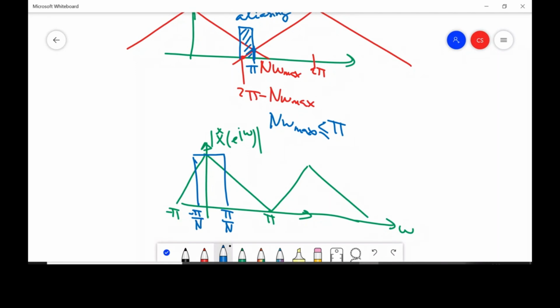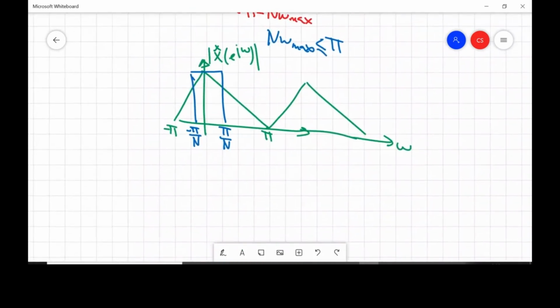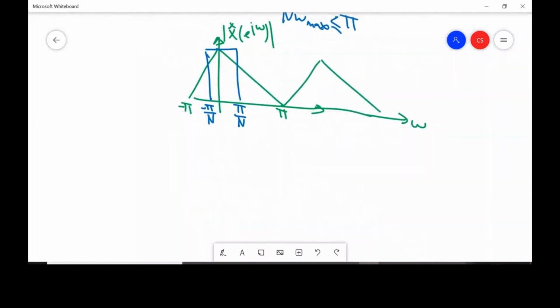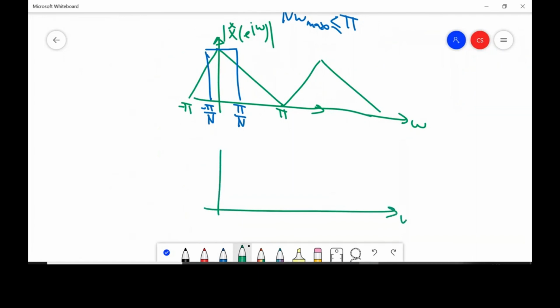And when we do the expansion, what we have is something like this. So x prime, let's move it. This is 2 pi, this is 2 pi, this is pi. So this part is the one that is repeated.